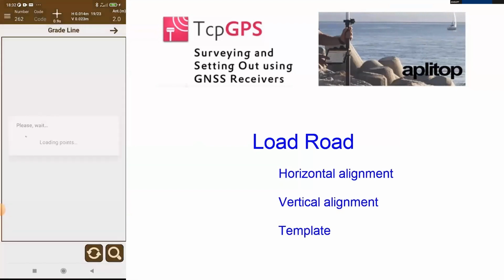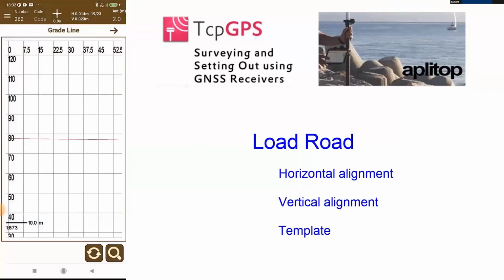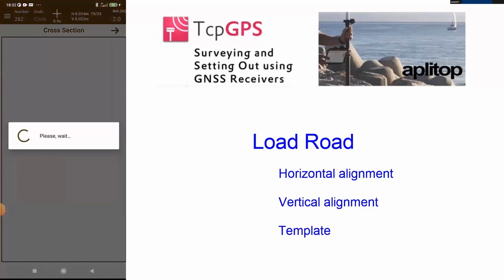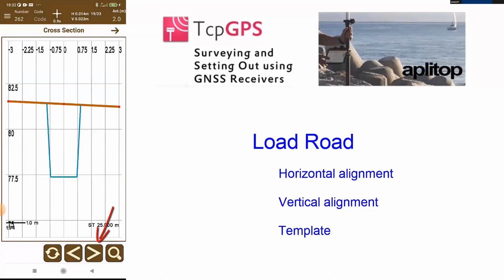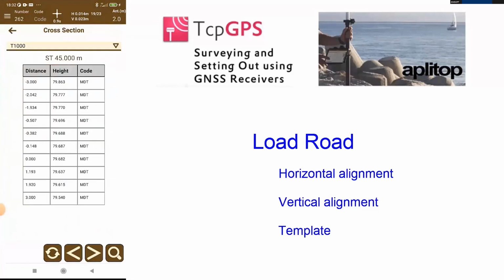For example, here is the cross section that we can move station by station. Check the subgrade section, each cross section station by station, with the natural terrain and the trench that we are going to stake out in the field, and we can show the graphical visualization or the numerical data like this.